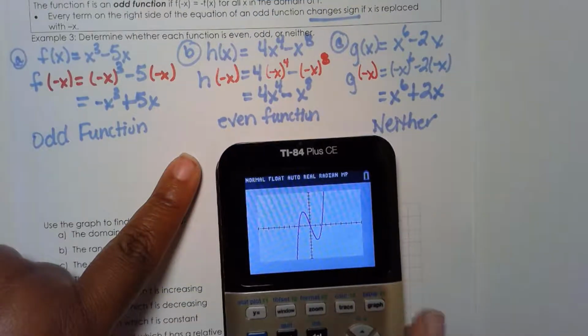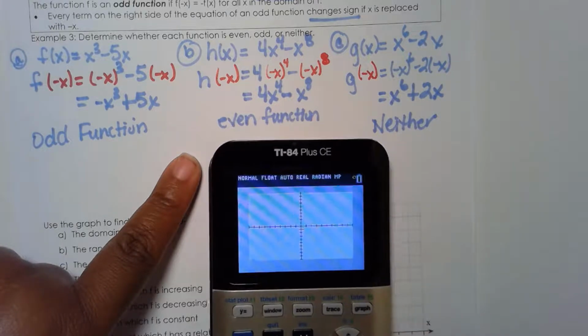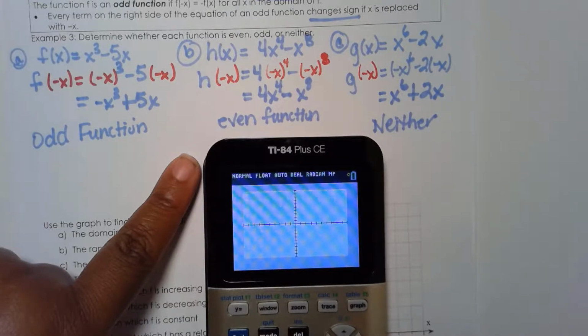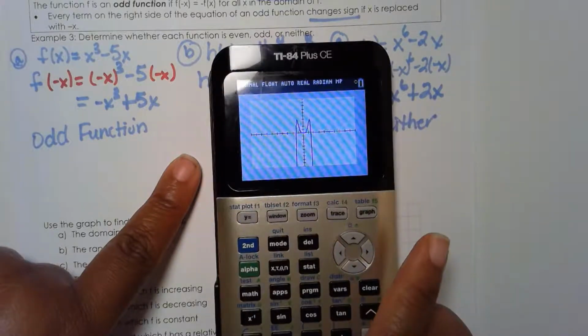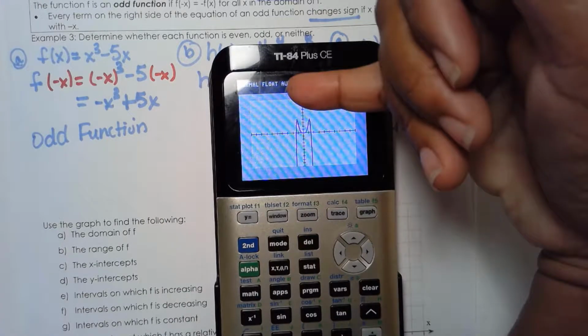The next one, just quickly, we have 4x to the fourth minus x to the eighth, and when we graph it, if we can see it, if you notice, if you cut at the y-axis, there's a symmetry.